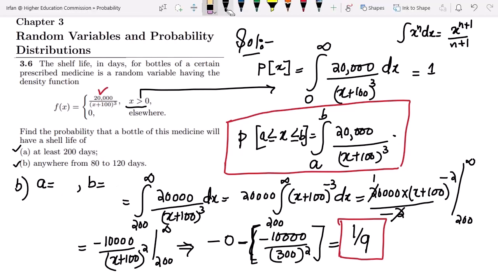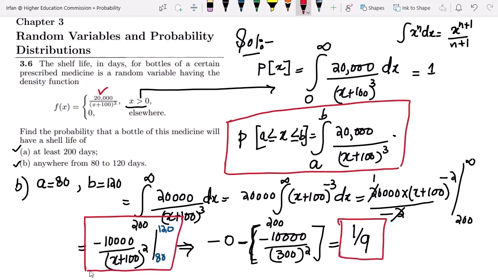The final equation I will have is this one, but the only things that will change are these two. So it will be from 80 to 120, and this will be the solution.